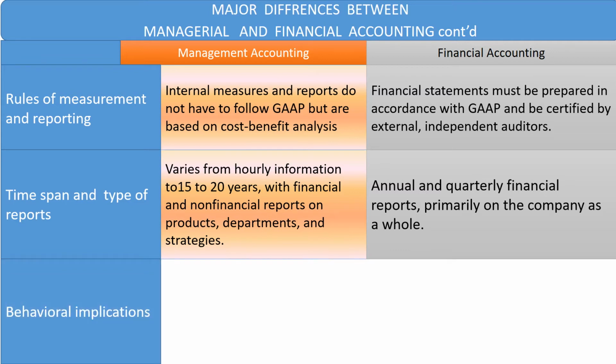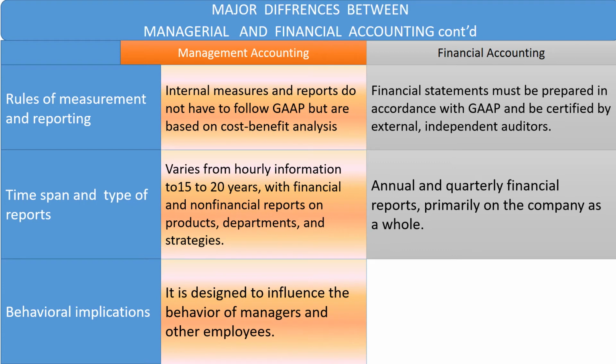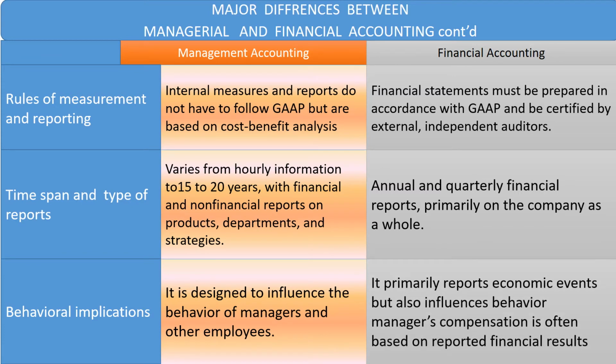From the point of view of behavioral implications, in management accounting, it is designed to influence the behavior of managers and other employees. But in financial accounting, it primarily reports economic events but also influences behavior. Managers' compensation is often based on reported financial results.